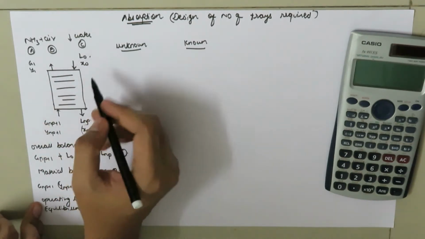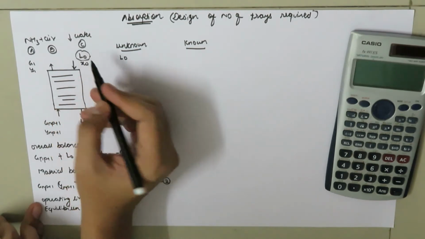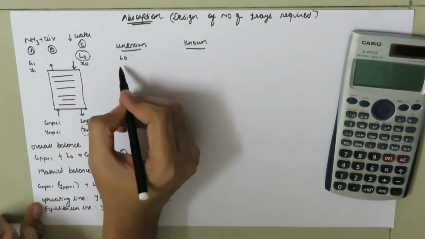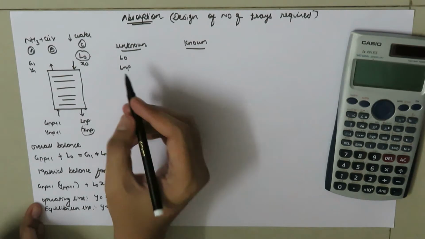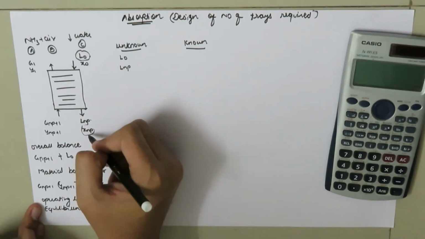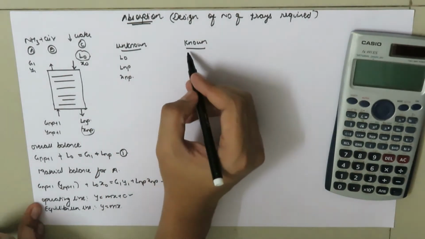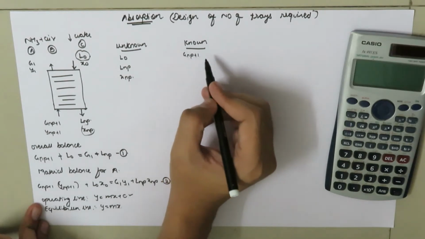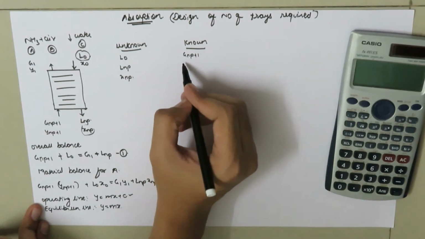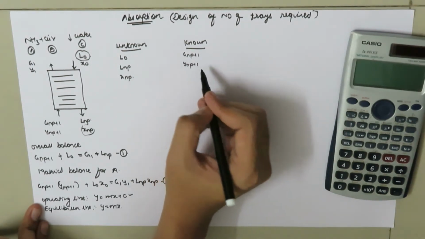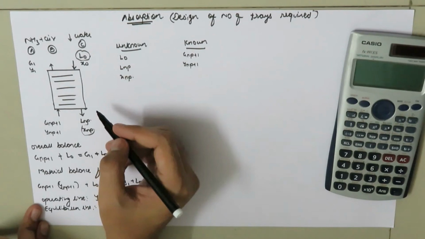The unknowns in this absorption tower are L0, the liquid flow rate, and L_{N_P}, the liquid flow rate at the outlet of the tower. We also don't know the composition of ammonia at the outlet, so X_{N_P} is also unknown. The known quantities are G_{N_P+1}, the total gas flow rate entering the absorption tower, and Y_{N_P+1}, the composition of ammonia in that gas flow.